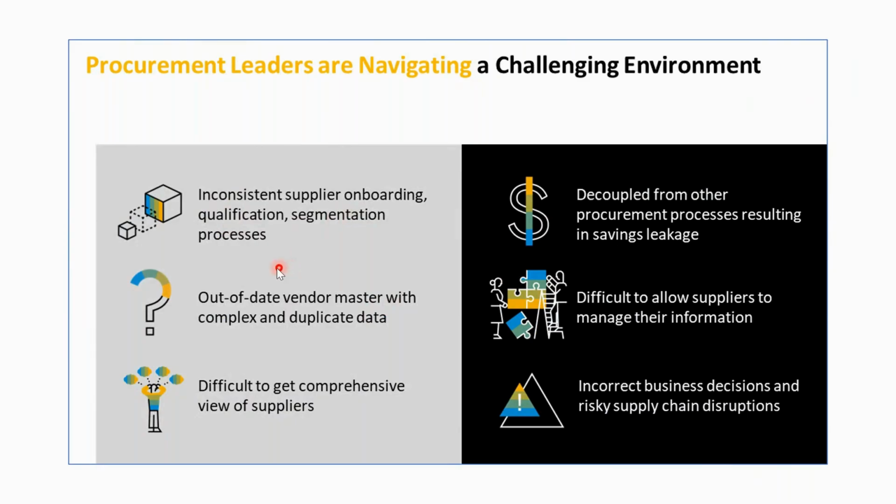A few challenges can be an out-of-date vendor master with complex and duplicate data. In the SAP world, there can be many vendors with duplicate entries, because of human error or system error, and data can be redundant or duplicated. In that scenario, it becomes very difficult to segregate.